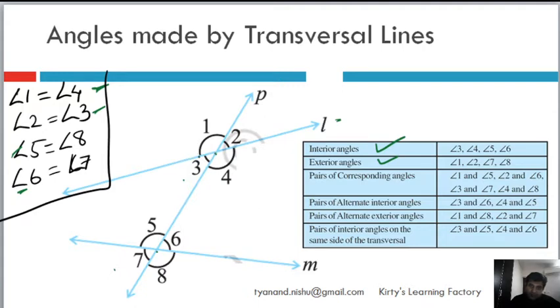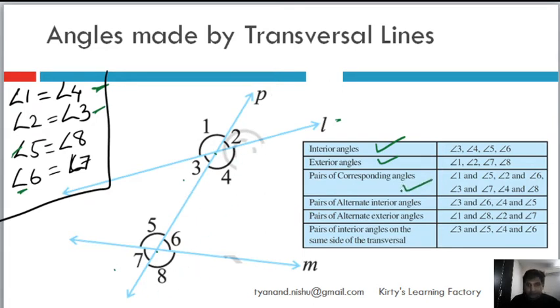So with respect to L, it is below L and on the left side. This is line M. So with respect to line M, this is on the bottom and left side. So angle 3 and angle 7 are corresponding angles. Okay, and similarly angle 4 and angle 8 are corresponding angles.